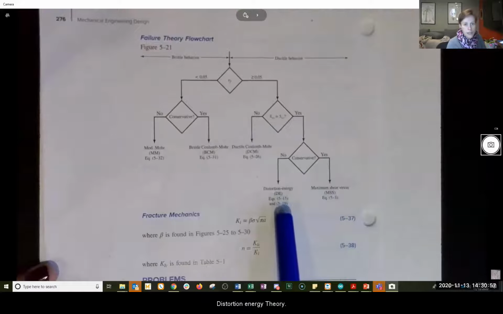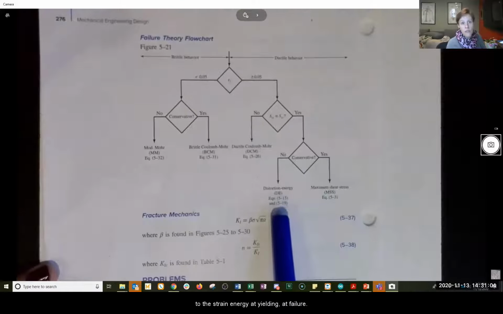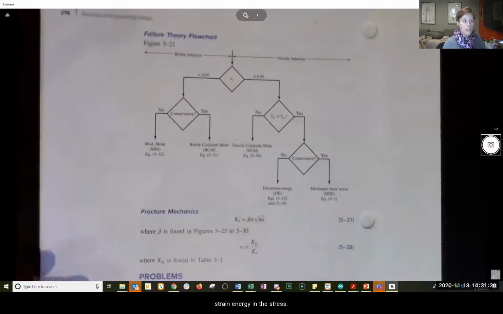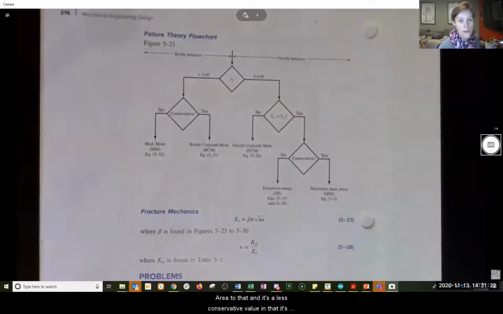Distortion energy theory compares the strain energy at a state to the strain energy at yielding, at failure. This uses the yield strength to establish a yield strain energy and compares the strain energy in the stressed area to that. And it's a less conservative value in that it's closer to the true failure point.